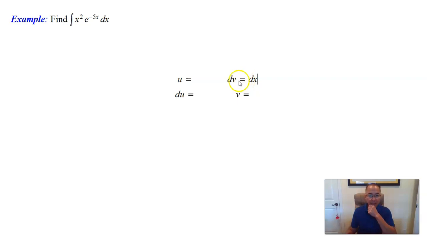But after we get u and dv, we need a derivative for du and an antiderivative to find v. If we put x squared with dx, the antiderivative will be x cubed over 3. The power just got bigger. But if you put x squared over here, the power is going to get smaller.